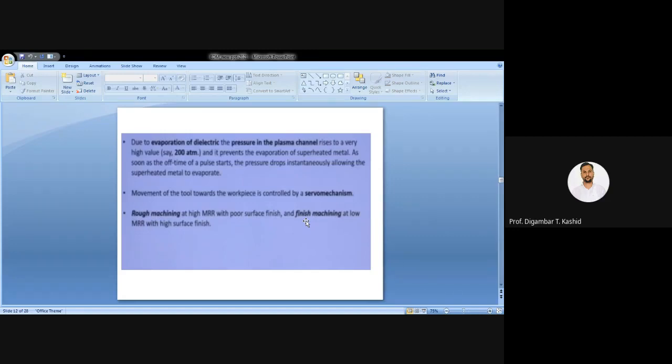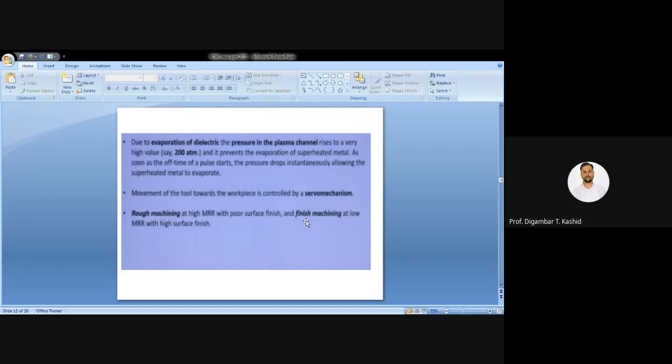Once again I am repeating that the movement of your tool towards the workpiece is controlled by the servo mechanism. Rough machining gives a very high material removal rate with poor finishing, and finish machining gives a low material removal rate with high finishing.